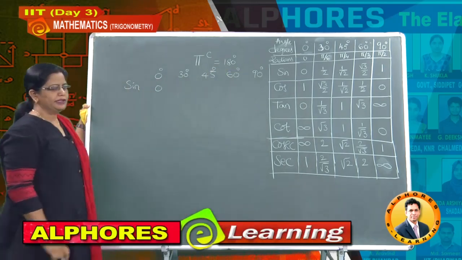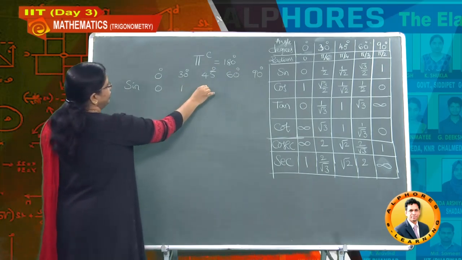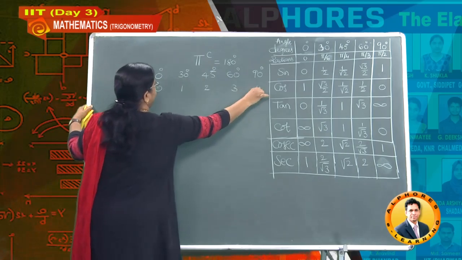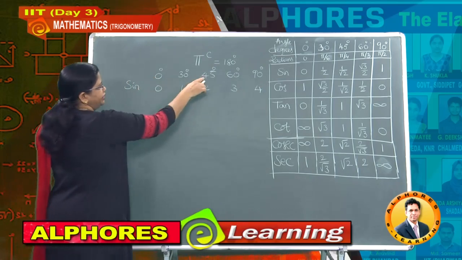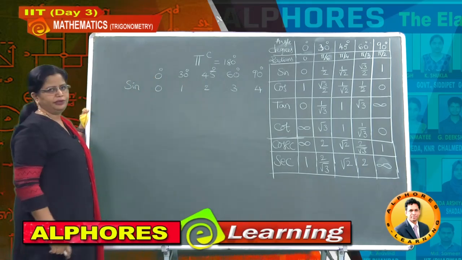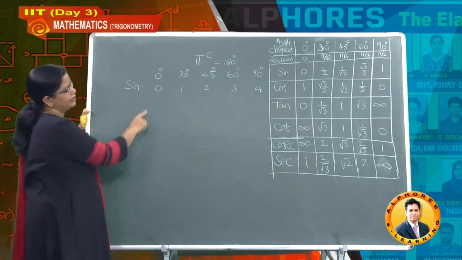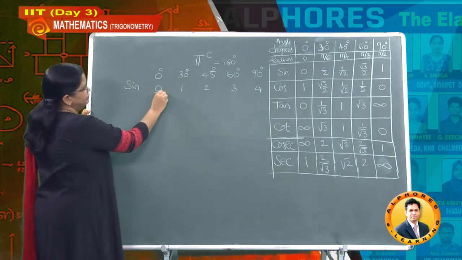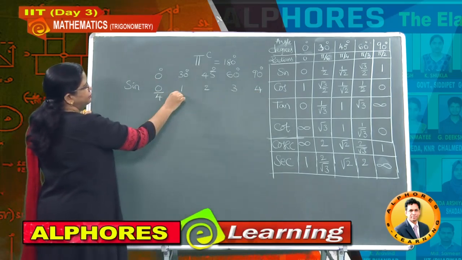And after this, start the values as 0, 1, 2, 3, 4. I am writing here under exactly these values continuously 0, 1, 2, 3, 4. This is the starting value, and write the consecutive integers. And after this just divide by 4. Wherever you ended, just divide by 4.